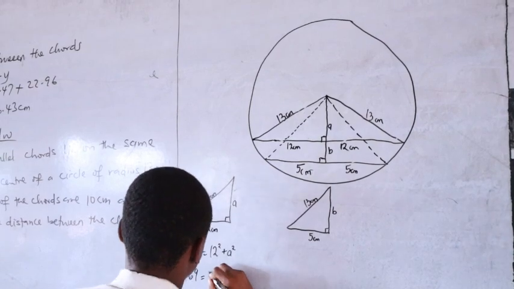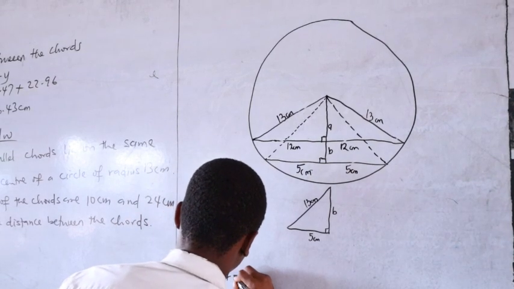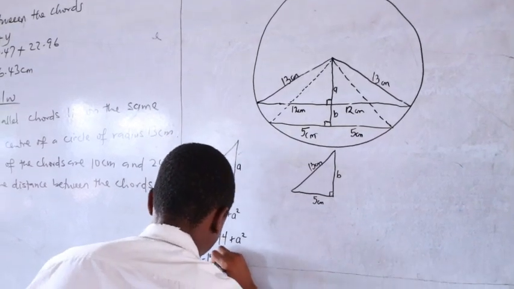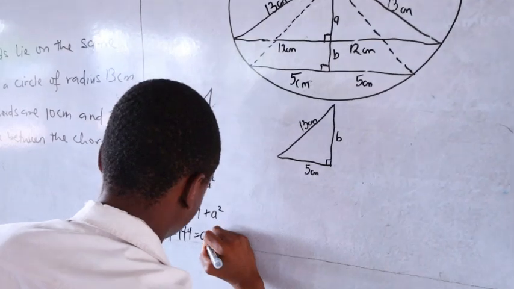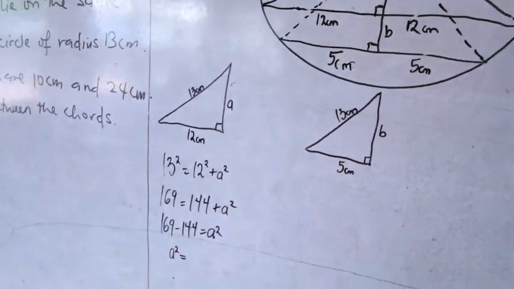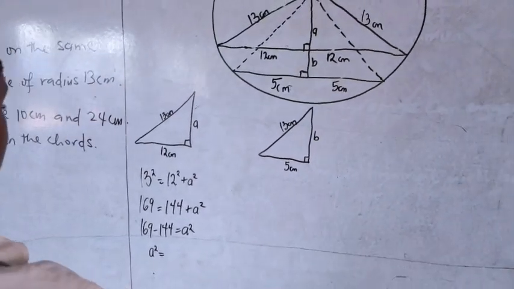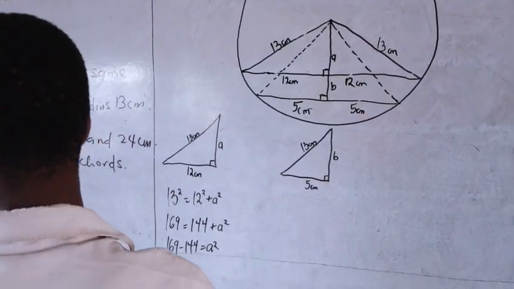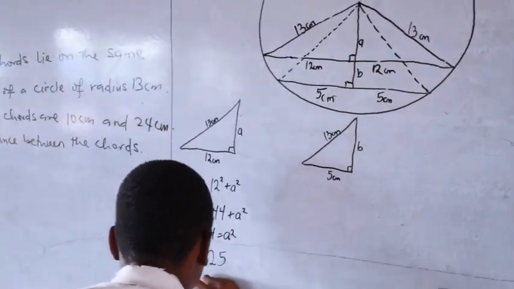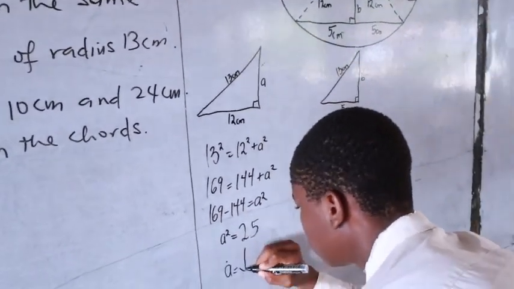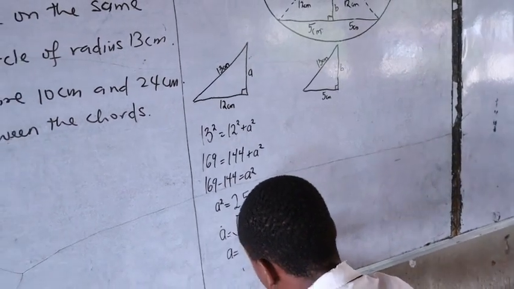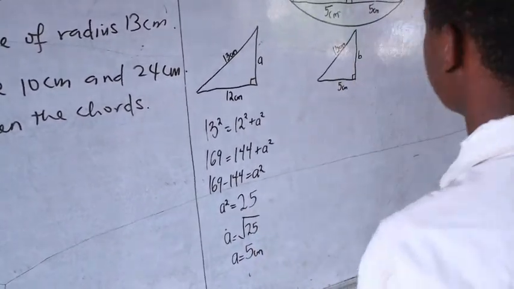169. 13 squared is 169. 12 squared. Make sure your handwriting is visible. Okay, 25, and the difference is 25 now.